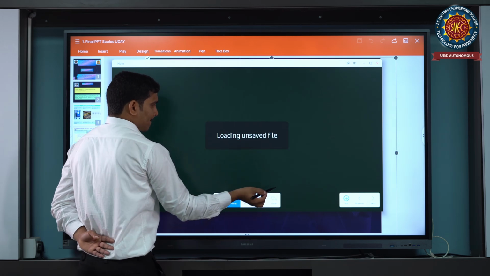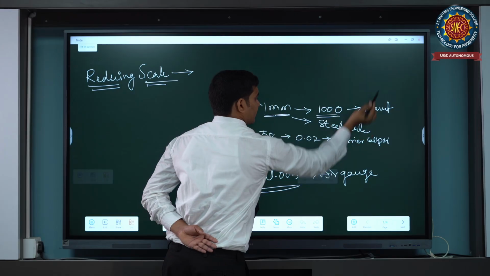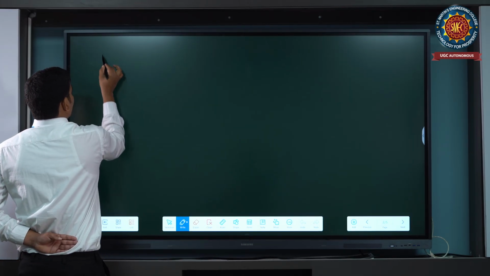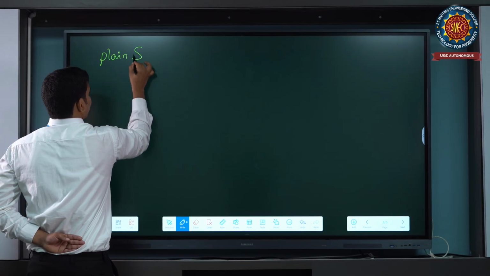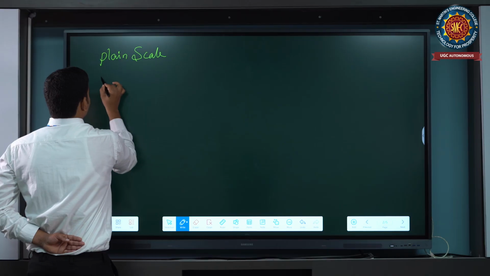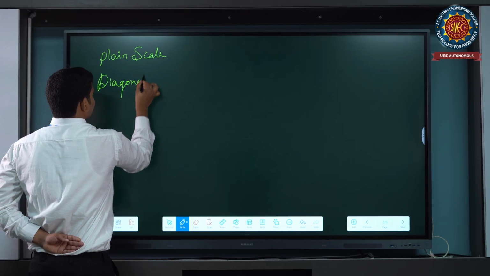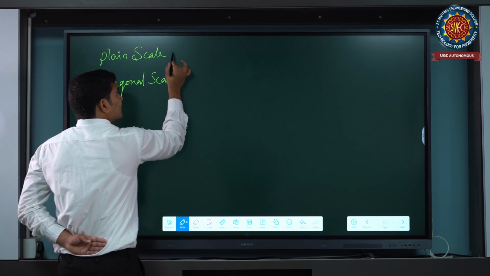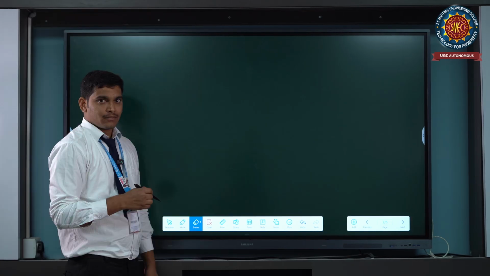Here we are discussing the plane scale and the diagonal scale. The scales are of two types: the plane scale and the diagonal scale. The choice of plane scale or diagonal scale depends upon the dimensions.